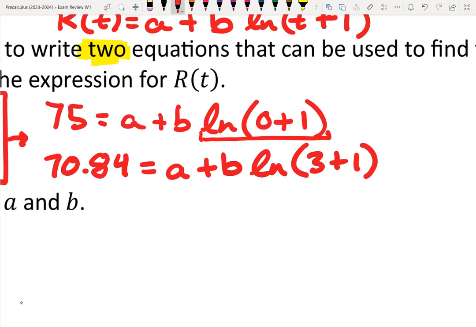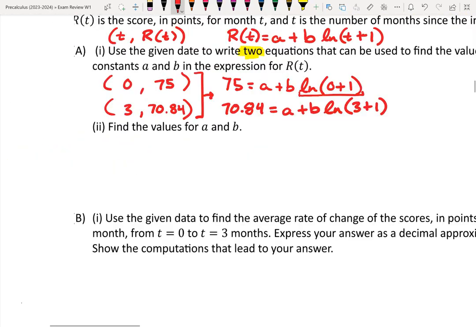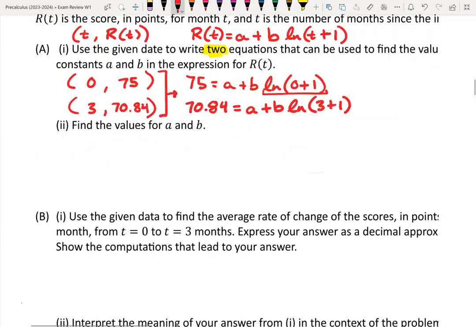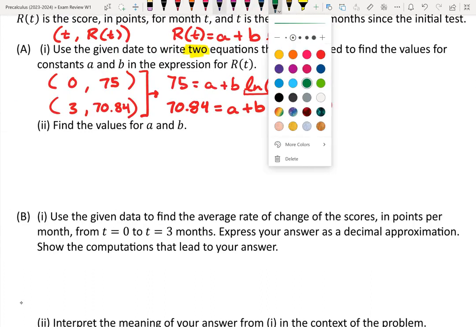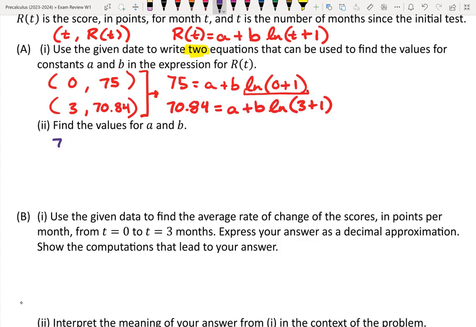Obviously, you could have plugged natural log of 1 into the calculator and gotten 0, but if we recognize that, you're like, hey, this makes my life easier. I'm going to go ahead and use that fact. So I'm going to take that first equation. 75 equals a plus b natural log, and that is natural log of 1, but what did we just say natural log of 1 is equal to?